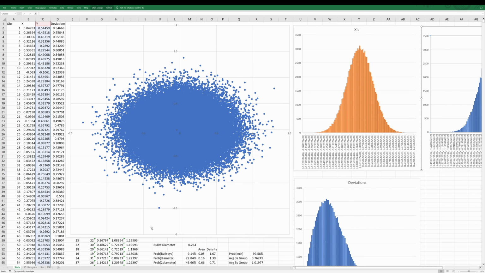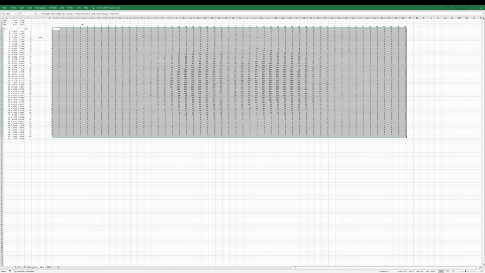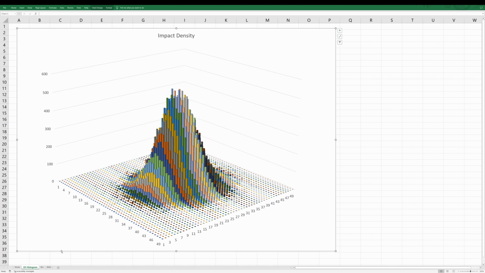And to drive that home, I've actually got another tab where I did a 3D histogram. And so I've got this 2-dimensional grid, and in each one of these is a count for how many observations fall in these bins. And if you plot this thing, you get a 3D histogram which shows the impact density on target of this simulation.